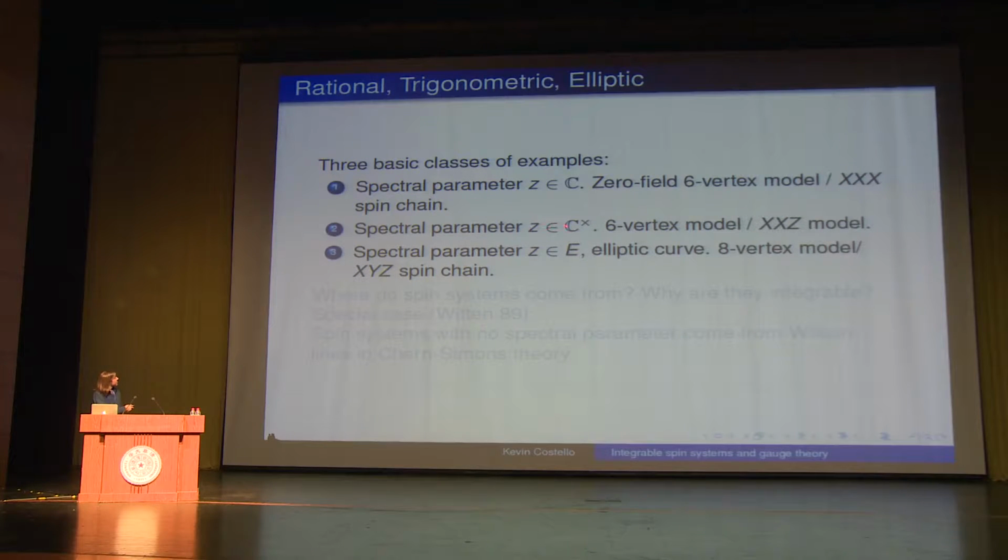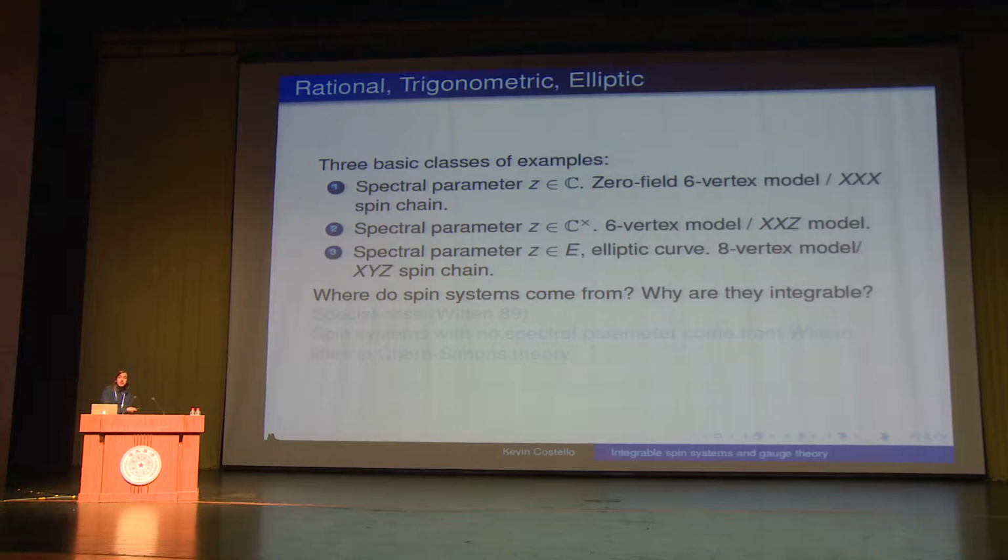If the spectral parameter lives in C star, what we find is the general six vertex model or the XXZ model. These are equivalent, just a reformulation of each other. And if the spectral parameter lives in an elliptic curve, we find the eight vertex model, or the XYZ spin chain.